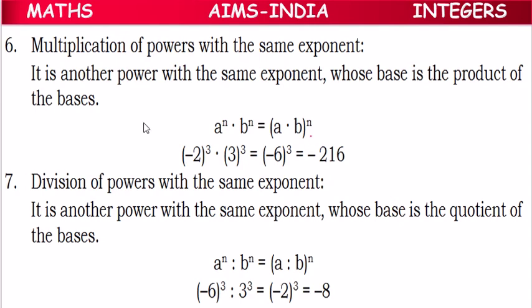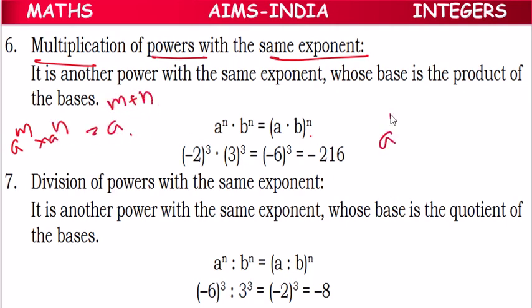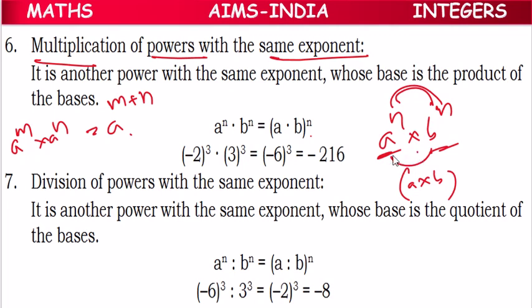Next, multiplication of powers with the same exponent. If we have the same base, then we can add the powers. But if we have different bases and the exponents are the same, we can write the product of the given two bases whole power n, the common power.